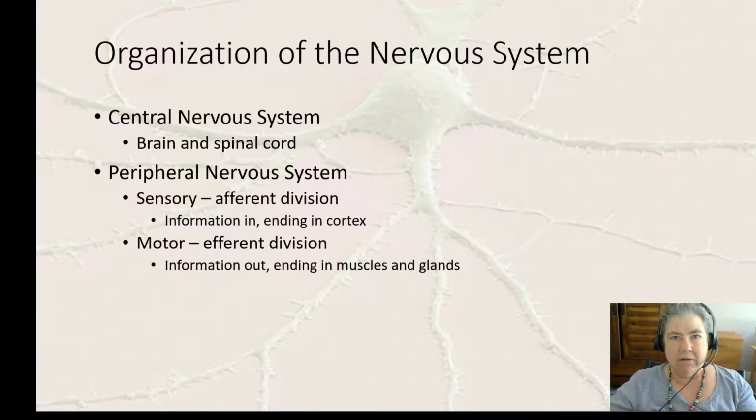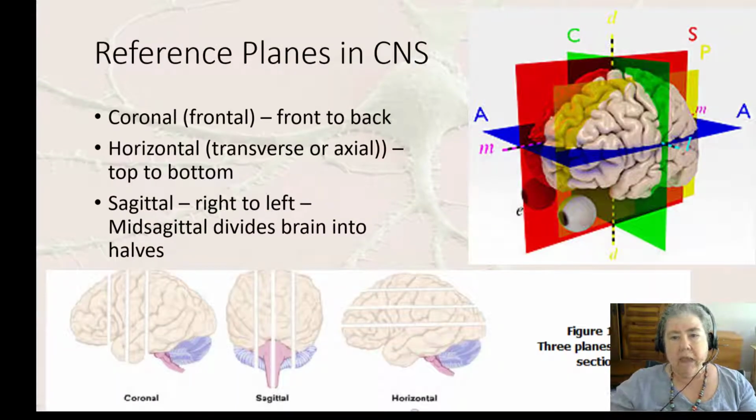Just some definitions which will help you to understand descriptions in neurology and sometimes imaging, because these are planes that have become extremely important in imaging, particularly the central nervous system.